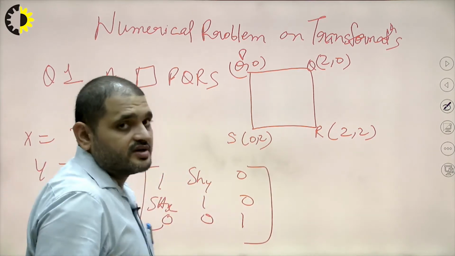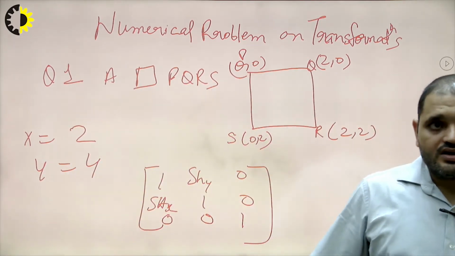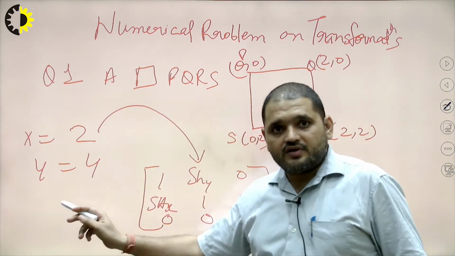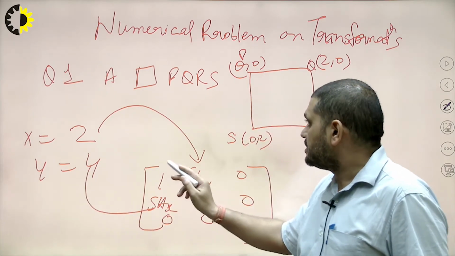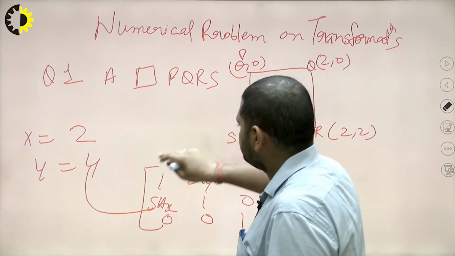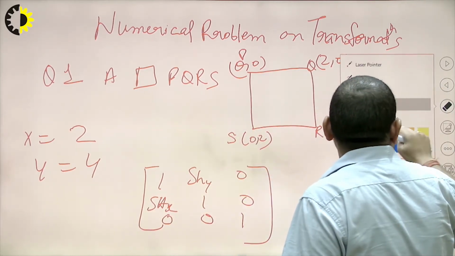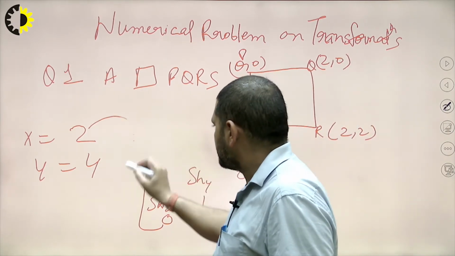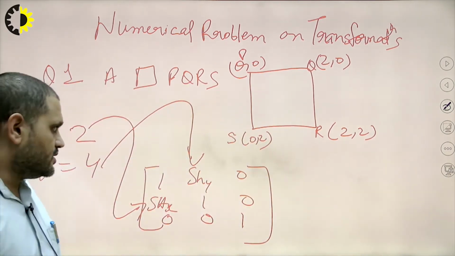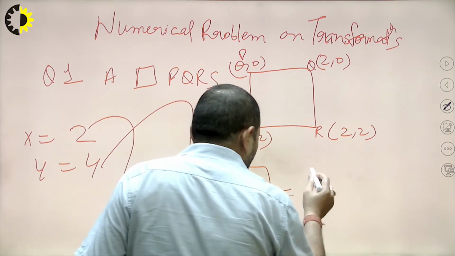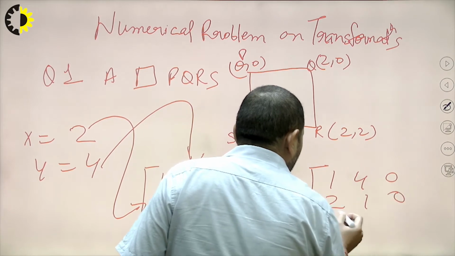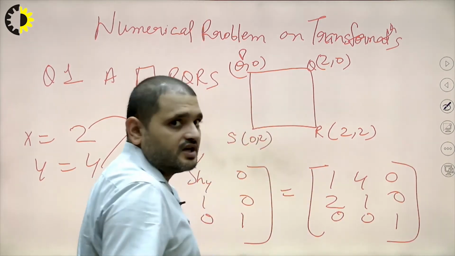We know the shearing unit in x direction is 2 and the shearing unit in y direction is 4. So we can put these in and find the matrix, which results in 1 4 0, 2 1 0, 0 0 1. This will be the shearing matrix.